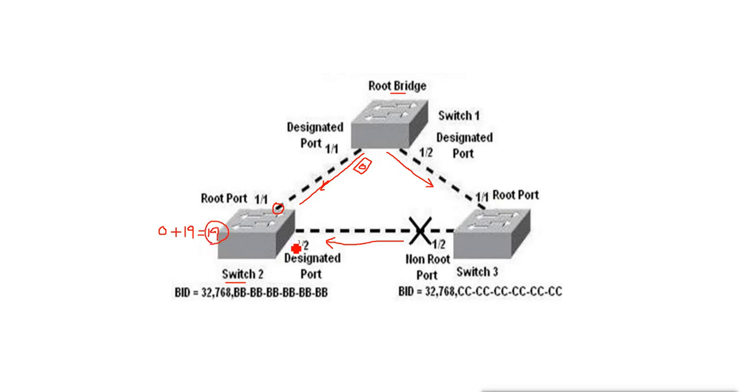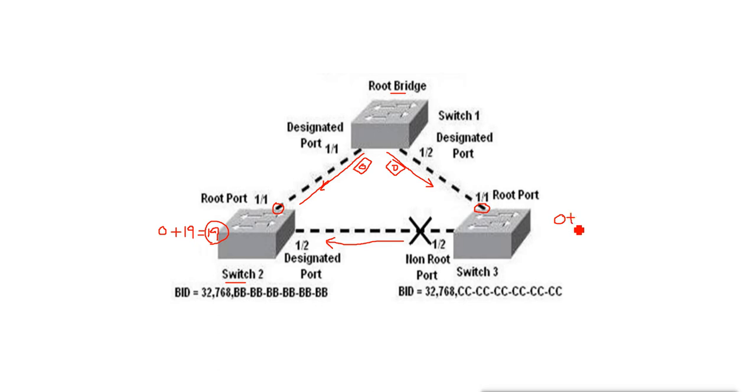Now it will also get the BPDU of the root bridge from this side, and again the root bridge will send 0 for the cost to this switch. This switch also receives it on this port, so switch 3 will use 0 and add its own port cost there.